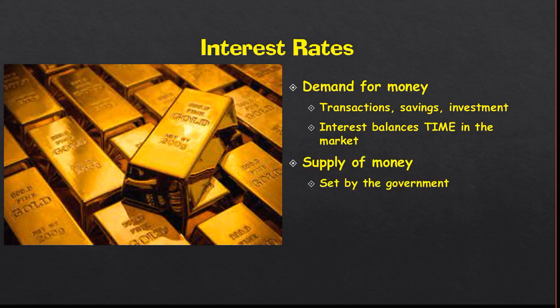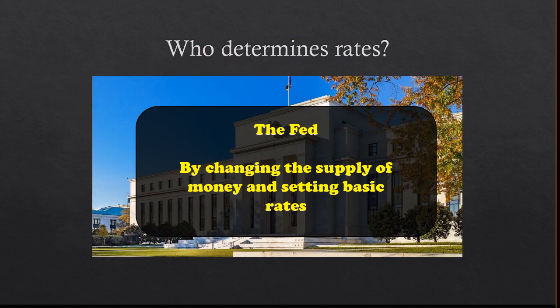The other side of this is supply, and interestingly enough, supply of money is set by the government. So we have this interaction of supply and demand, except that demand is set by businesses and consumers, but the supply comes from the government. What's that going to mean? Well, that's going to mean that the government's going to have a lot of control over interest rates.